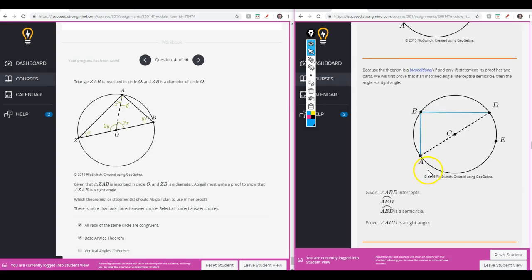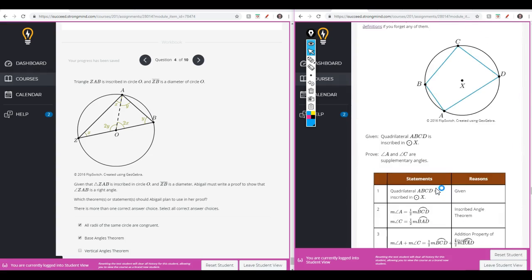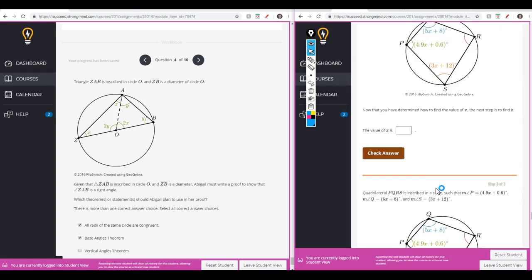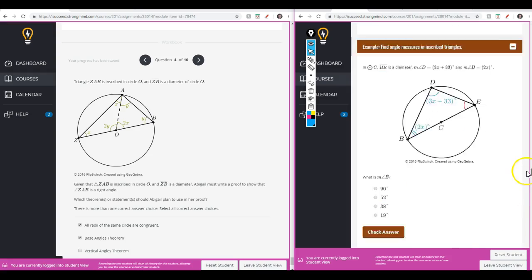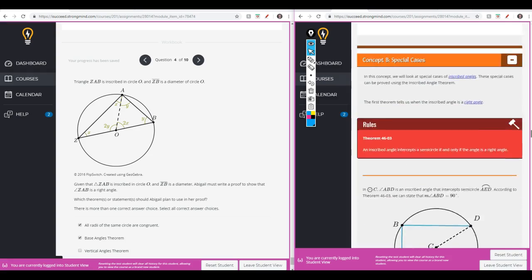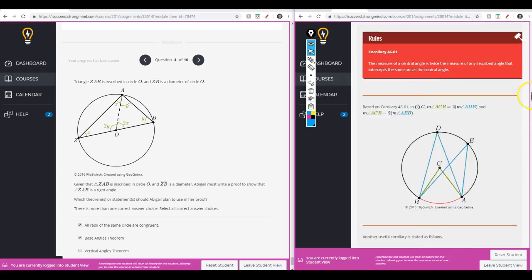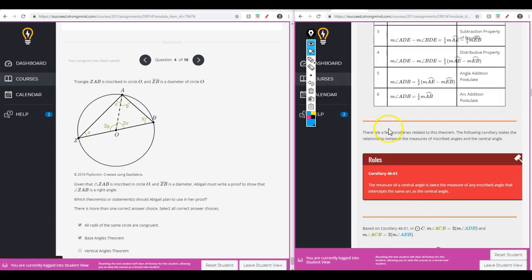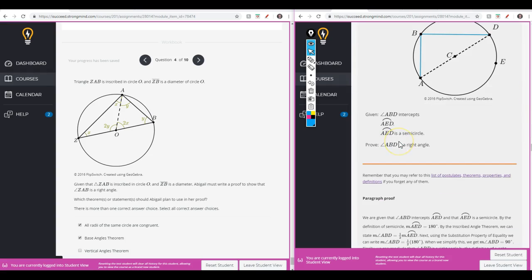There's one part that they have drawn in a radius, which is not duplicated anywhere else. So we're just going to go back up and check this one out. I think I went too far. Okay, here we go.